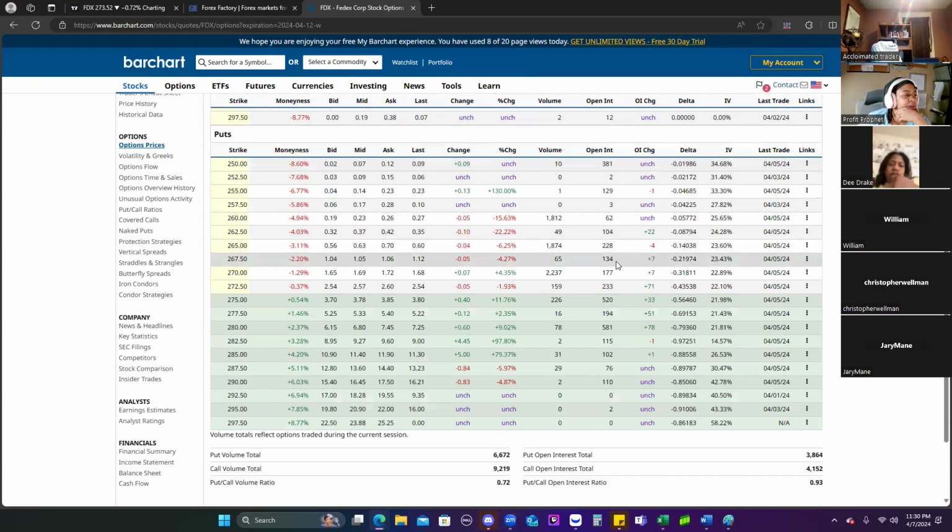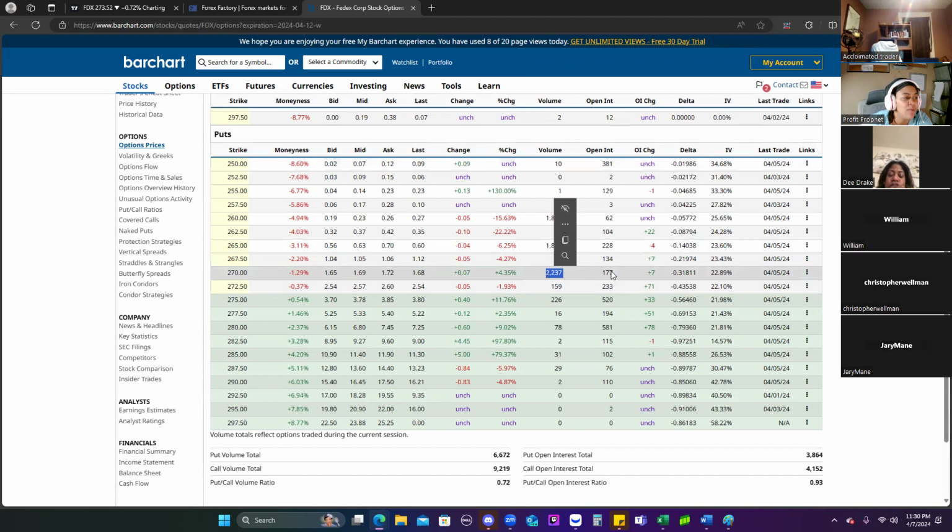Let's see if there's any kind of volume rolling in. Right now, the 270 put for April the 12th, this is a weekly contract. We have 2,000 volume, only 177 open interest. But the delta is excellent on these contracts, and the pricing is not what I would consider to be too wild or out of the realm.